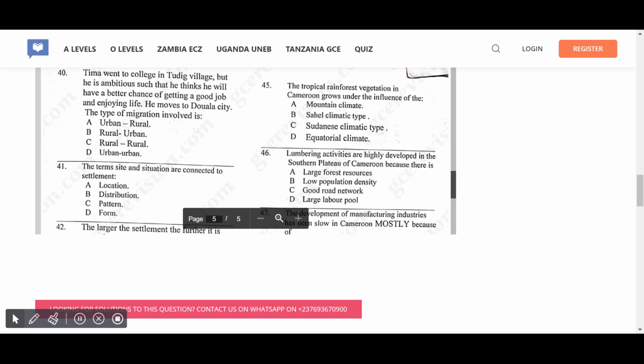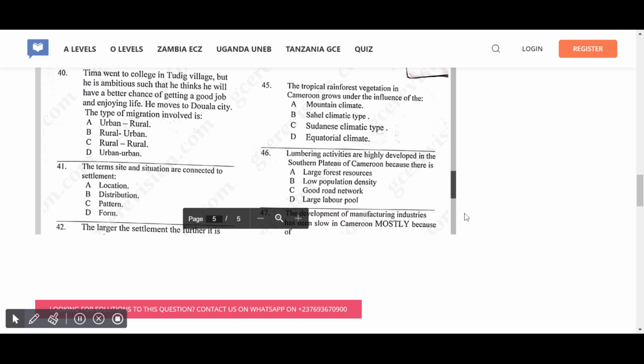He moves to Douala city. The type of migration involved is... The answer is B. Rural urban migration.